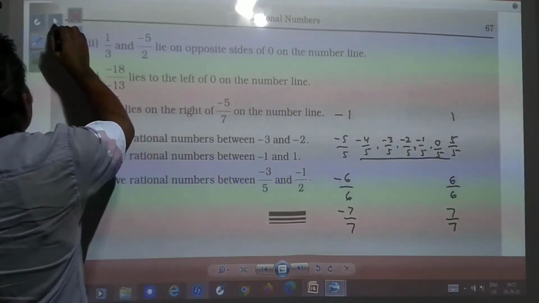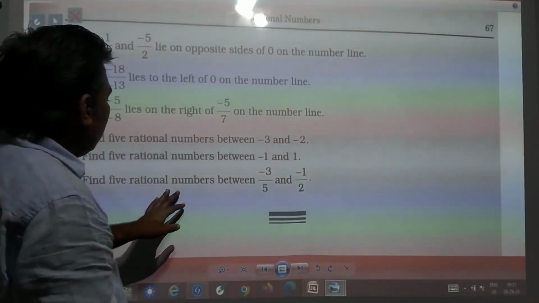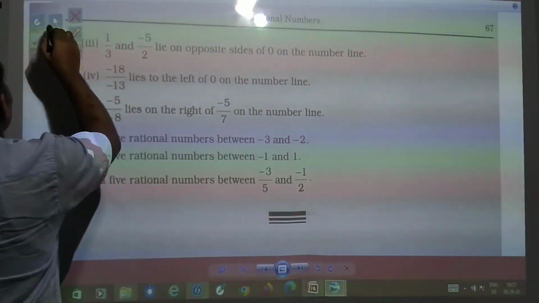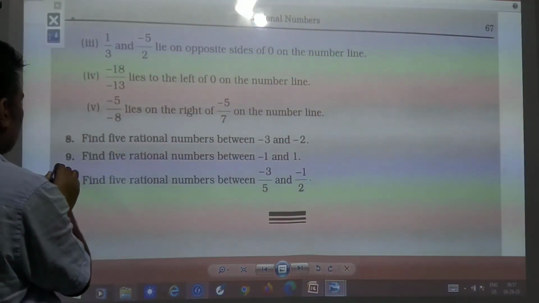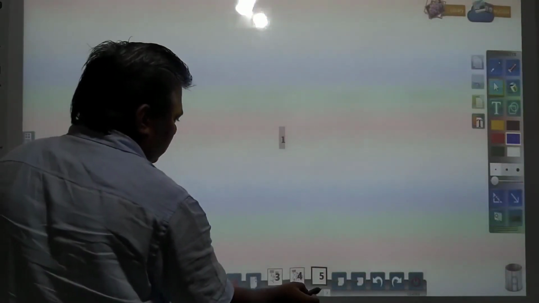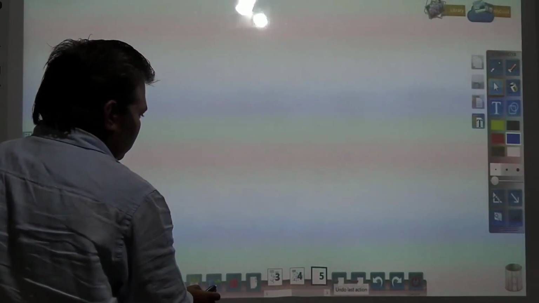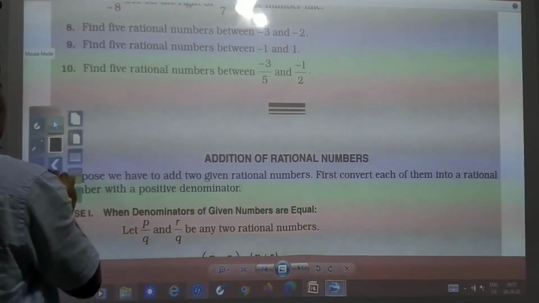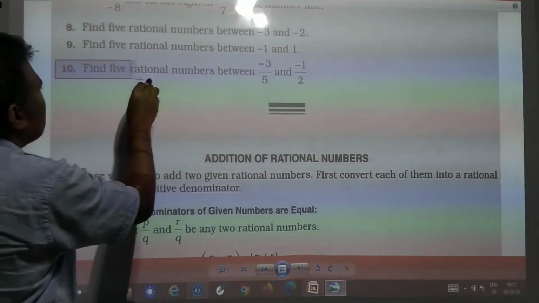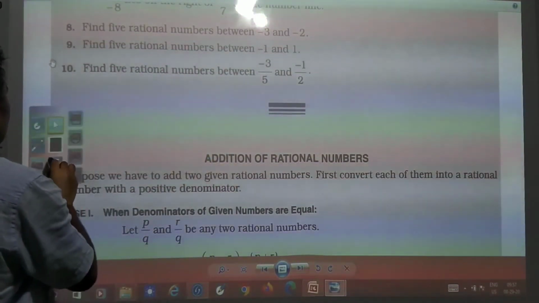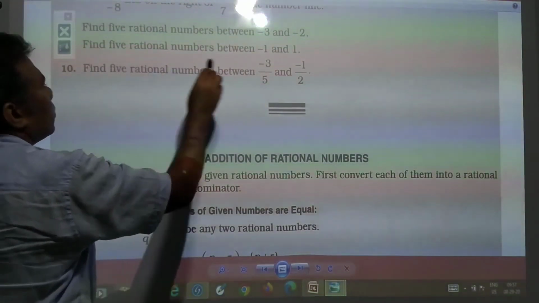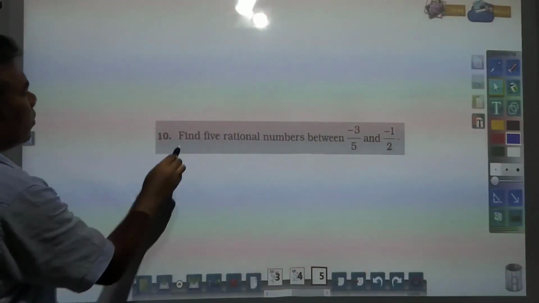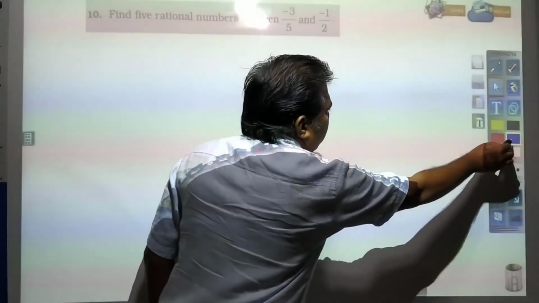Then we have: find rational numbers between minus 3 by 5 and minus 1 by 2. Here you see how we will solve this.